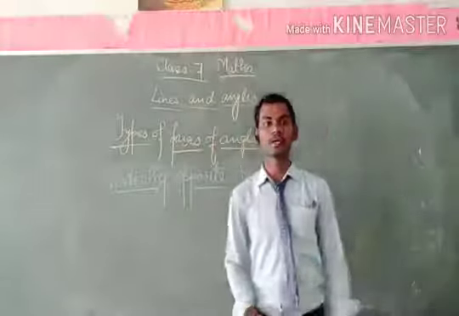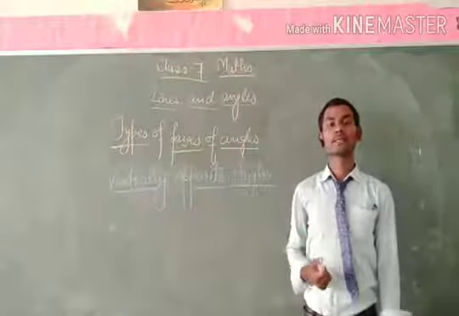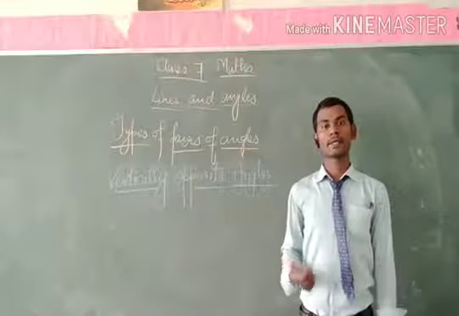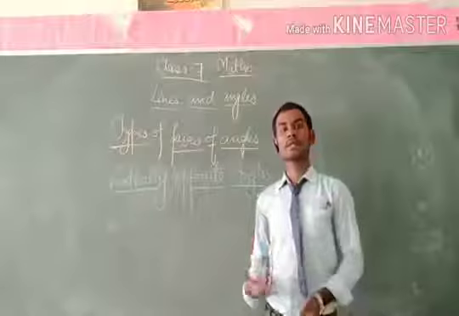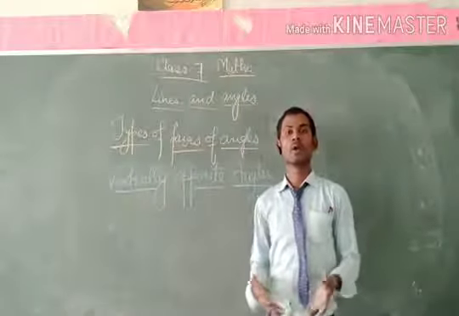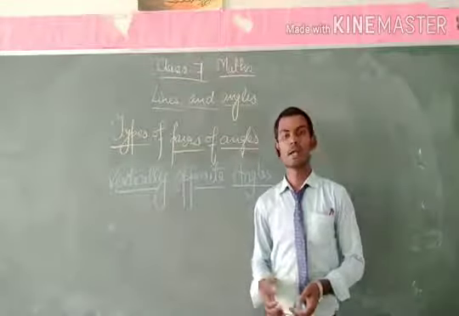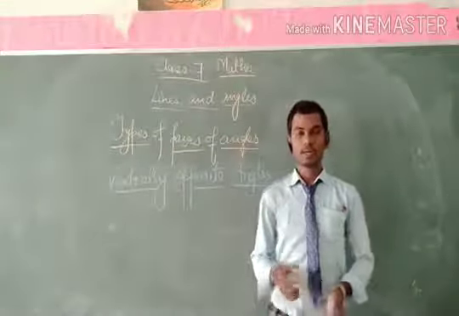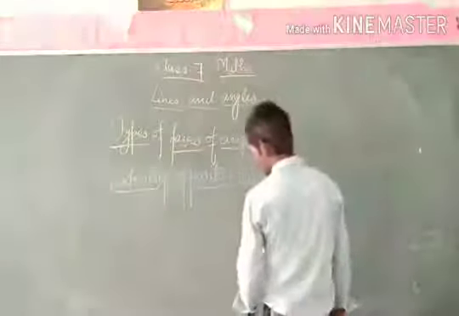Vertically opposite angle: when two lines intersect each other at any point, then the angles formed at the point of intersection are known as vertically opposite angles. So let's see how we form the vertically opposite angle.